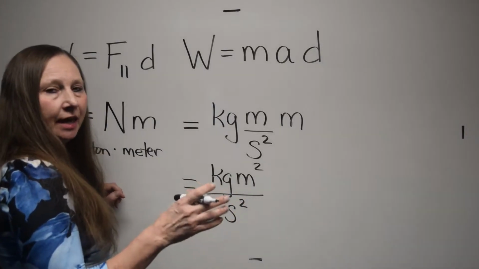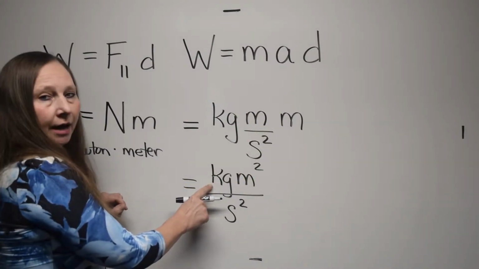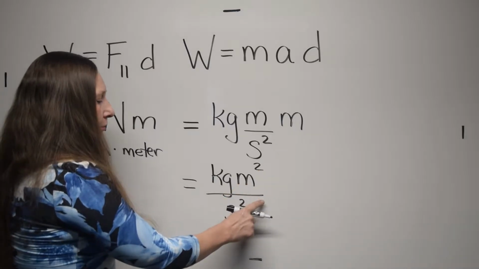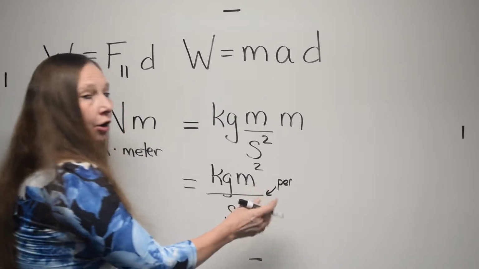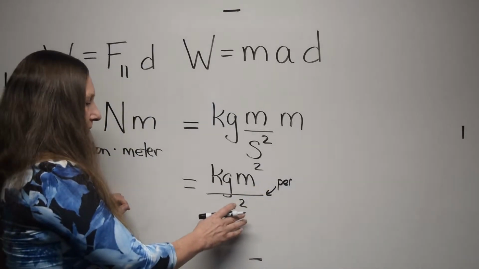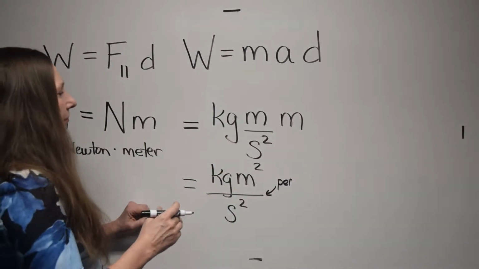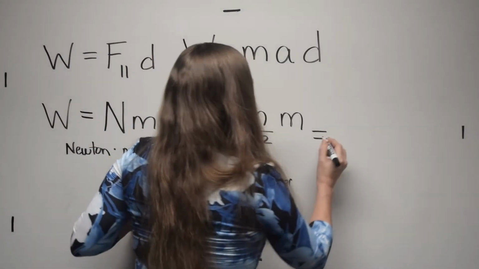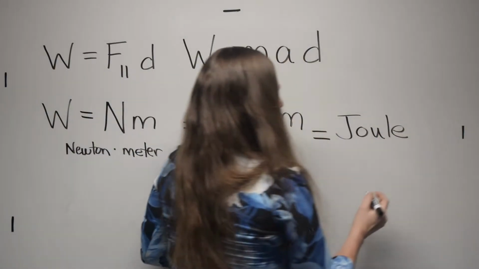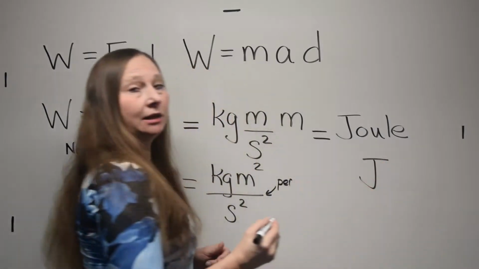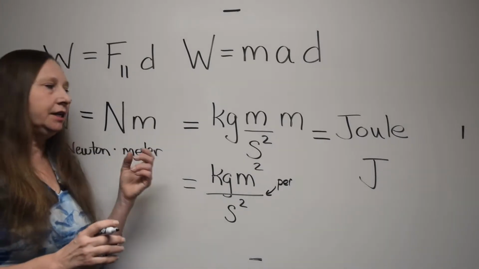All right, try to say that. Maybe pause the video and say this unit. All right, kilogram meter squared per, remember when you see a division sign, say the word per, second squared. Now, both of these are also equal to a special name called the joule, abbreviated capital J. So, all 3 of these units are exactly the same.